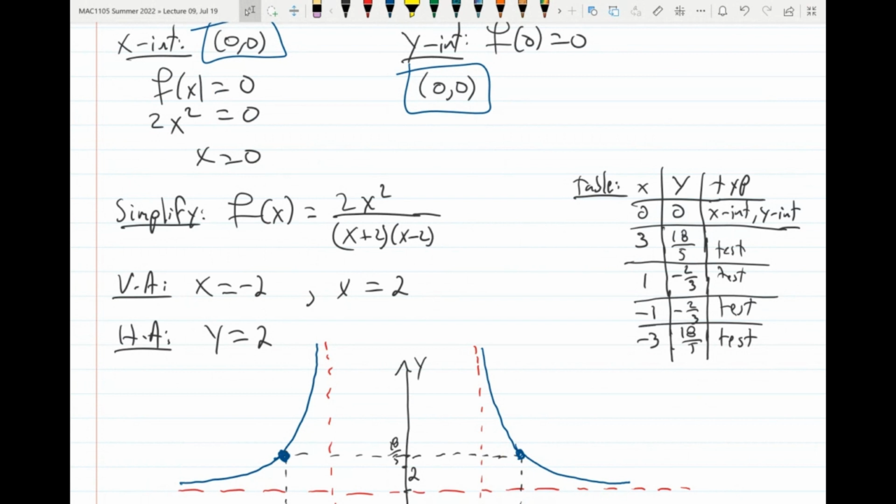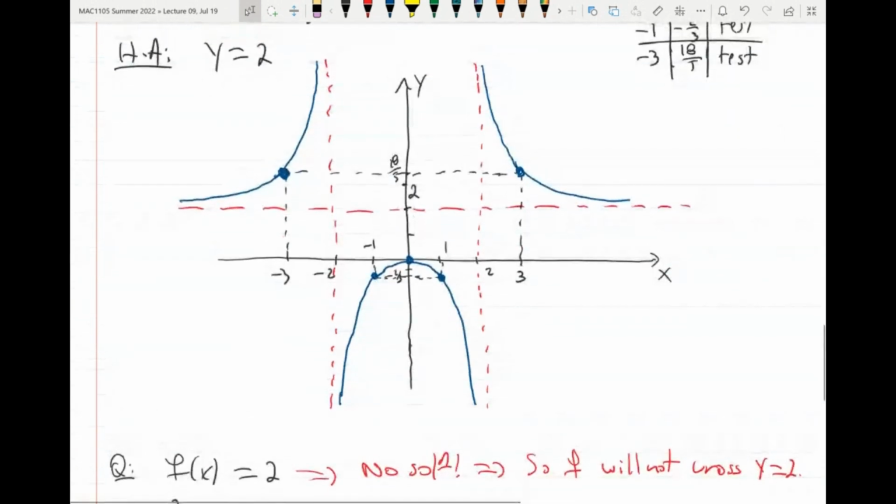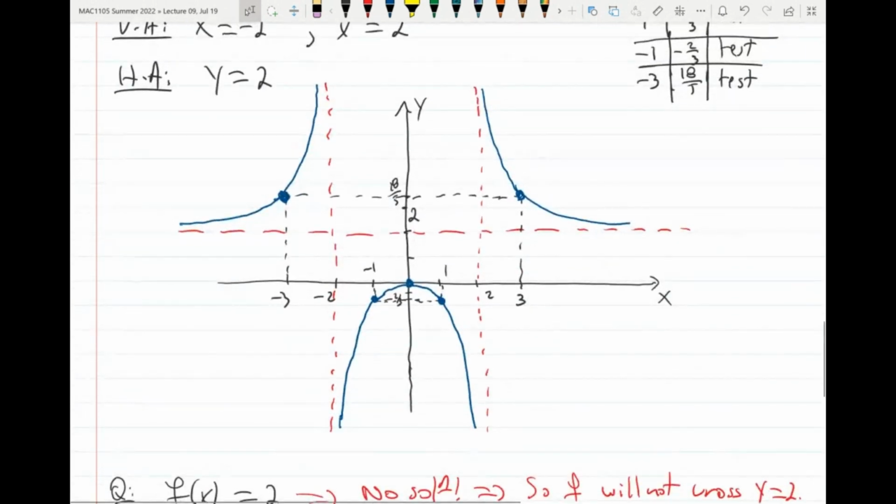It just happens that this is going to be a negative number when you're very close to 0, and because of this guy, it's going to be a negative number, and therefore it's going to look like negative x squared. So that's why you have this sort of shape. Okay, so there is also a generalized version of multiplicity for rational functions, but we're not going to get into that. Okay, anyways, this is our graph.